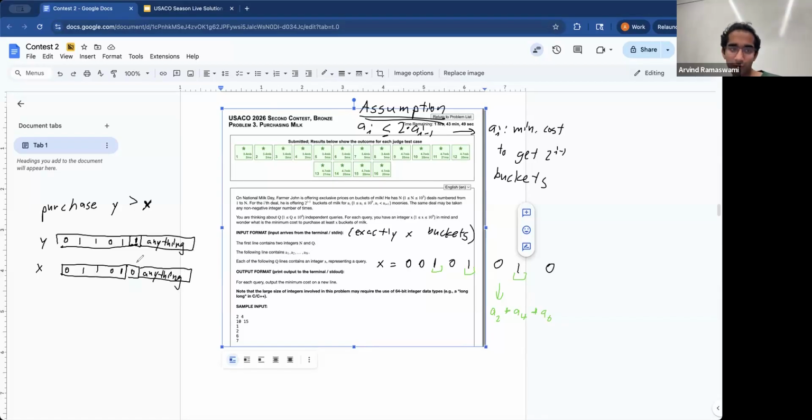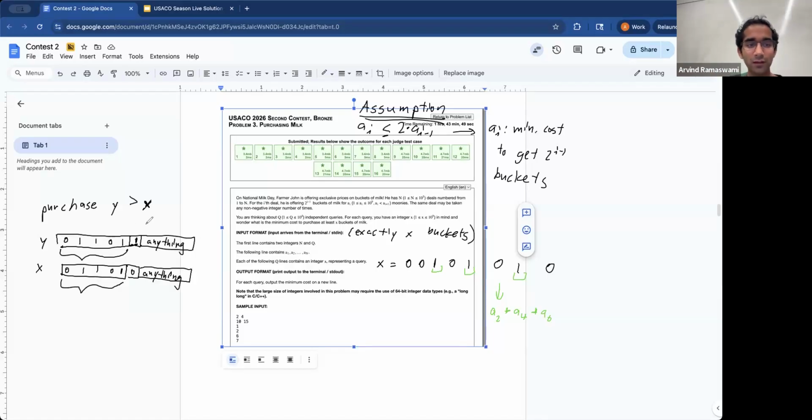This is something you should always consider when you're dealing with bitwise things or powers of two, and you're considering one number is greater than the other. So up to some prefix, they're equal. And then after that point, the bigger one is equal to 1, and the smaller one is equal to 0. And then after that, both of them can be anything you want, right?